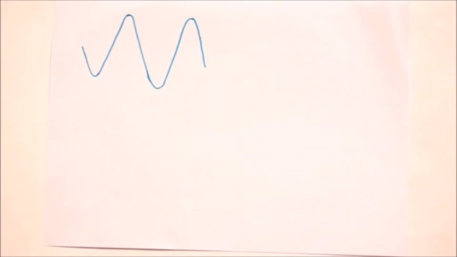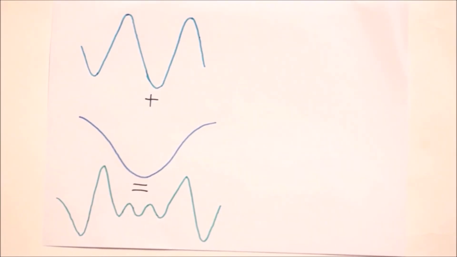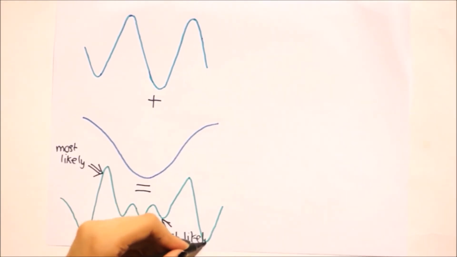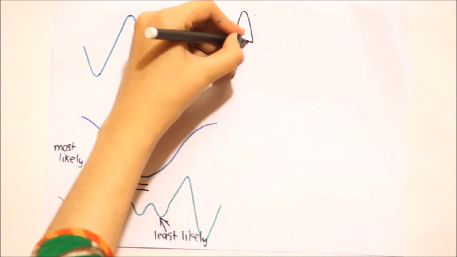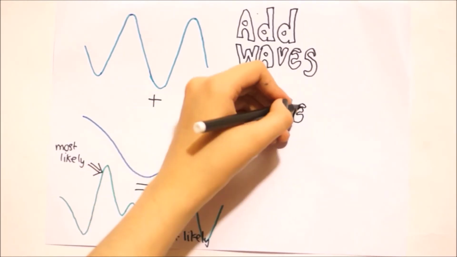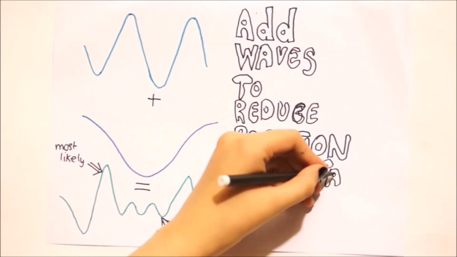We'll try to find the position first. We'll add different possible wavelengths the quantum object could have and get a localized wave. There will be places where the object is most likely to be and places where it's least likely to be. And the more waves you add, the more certain you become of its position. But we did something in this process.